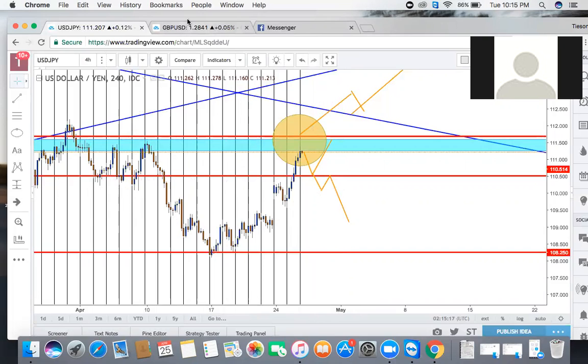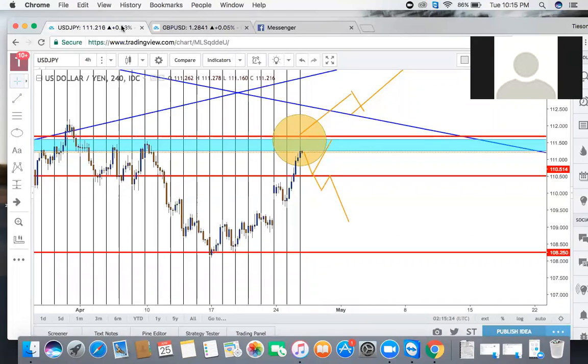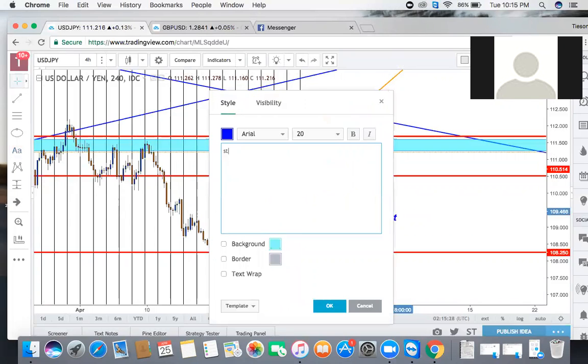So typically my stop losses are above wicks or above key levels.